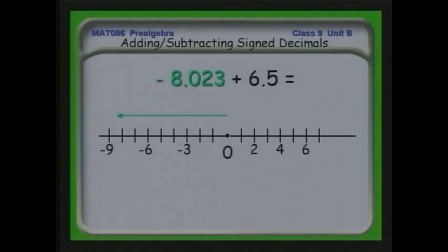I go 8 units to the left, but because I have the 0.023, it's 23 1/1000ths. That's not much, but it's a little past minus 8. Plus 6.5, and I see that the result is going to be somewhere in the neighborhood of 1.5, again, because that 0.023 isn't too much.